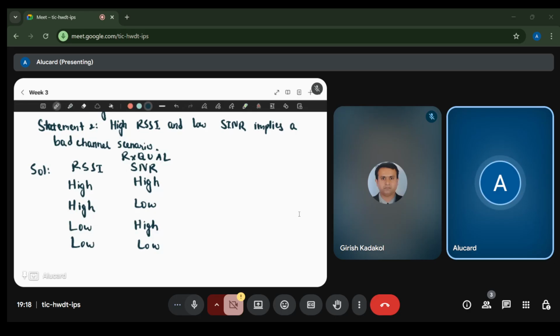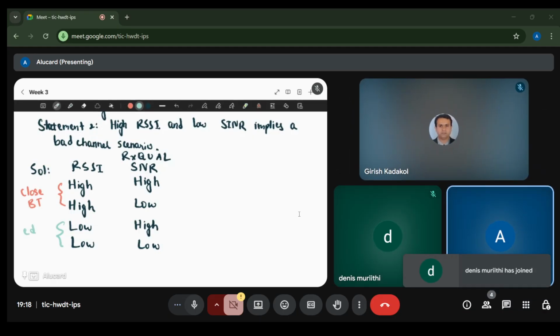If RSSI is high, that means you are close to your base transceiver station. If your RSSI is low, that means you're at the edge of the cell.